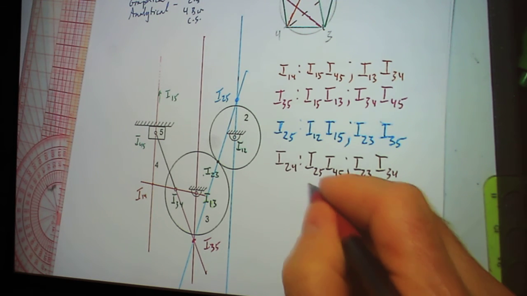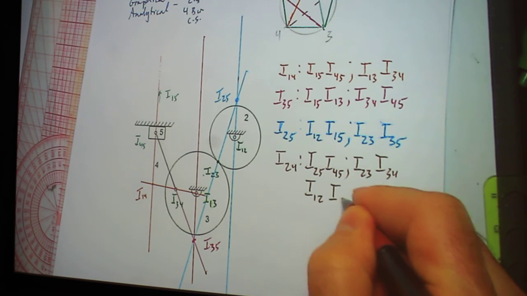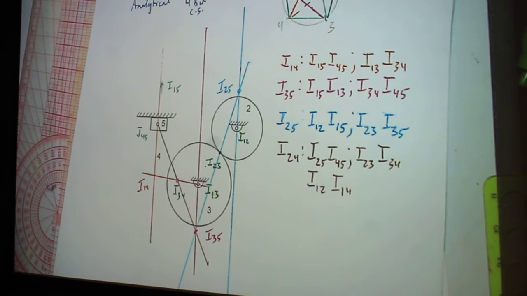Could you have done 1-4, 1-2? Yep, you just get to pick.